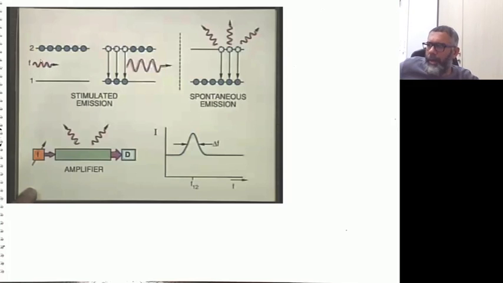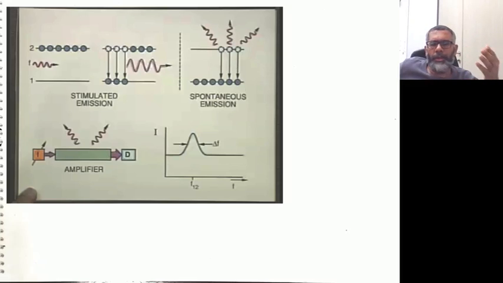The created extra photons will always go in the same direction as that of the original photon. In that case, we call the emission stimulated, but this one is spontaneous. Okay, this is the difference between spontaneous emission and stimulated emission.